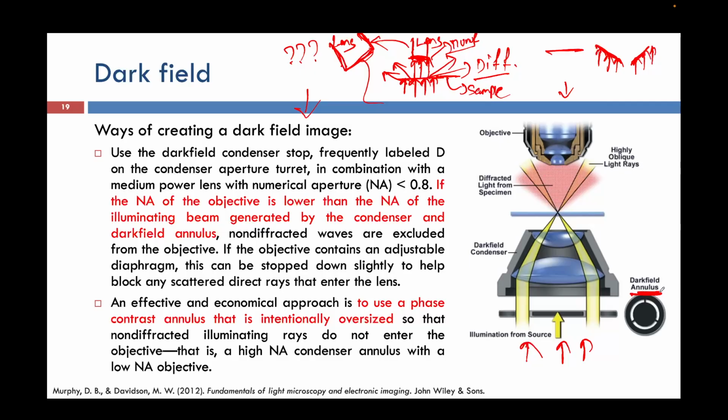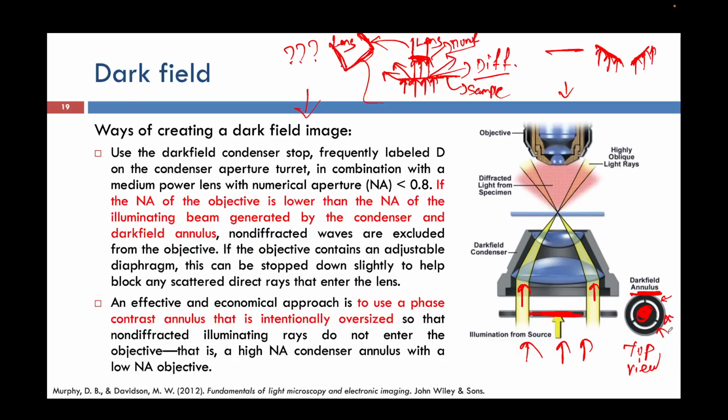Annulus means it will stop all the direct light. I am only allowing the light to go in a ring-like structure. This is a side view, and this is a top view of that annulus. I am stopping all the central beam with this annulus, and only allowing the beam to go through the white spaces in the annulus.